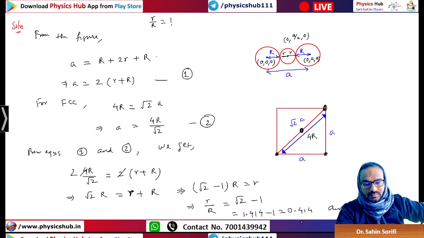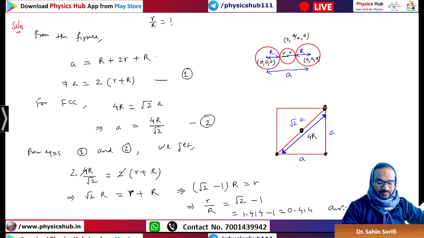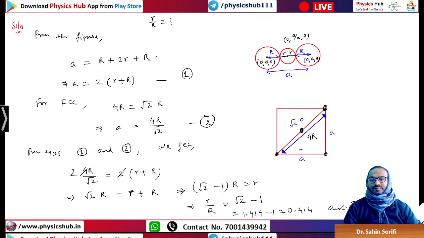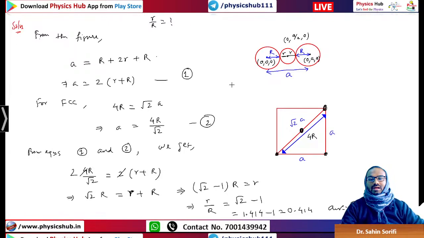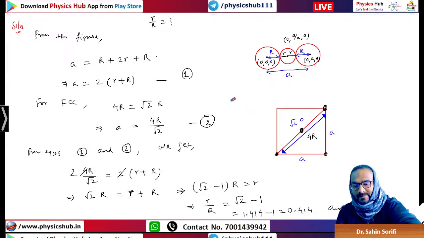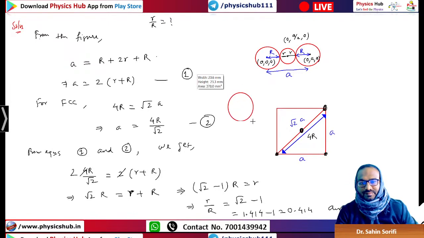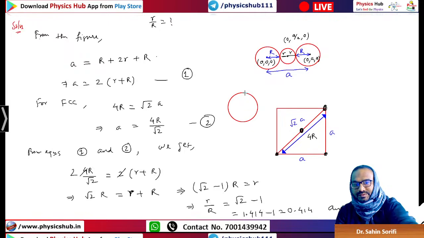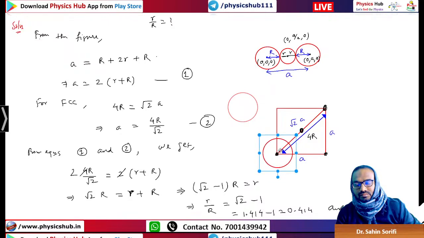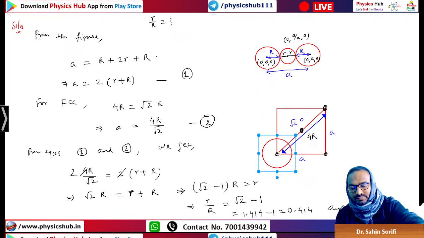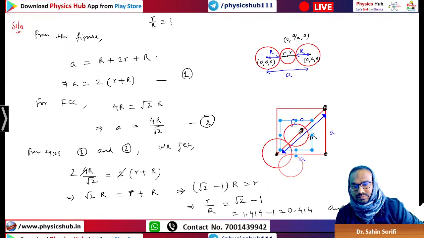4R, how? You see the atoms are touching along the face, so let's say one atom here.